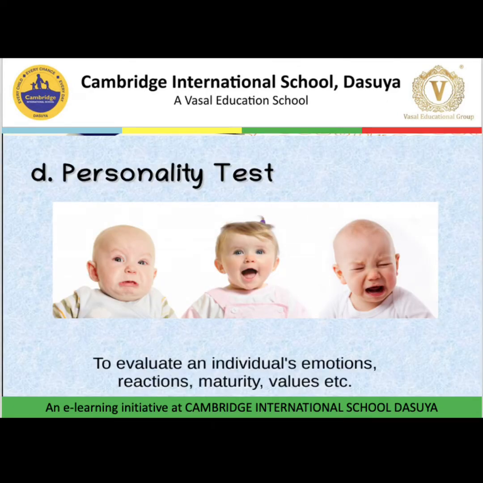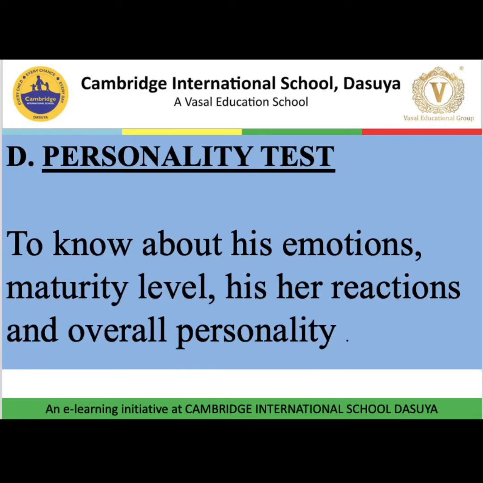Next test, which comes under selection test, that is personality test. It helps to evaluate an individual's emotions, his or her reactions, maturity level, values, etc. Students, personality test helps the business firm to know about the emotions, maturity level, or reactions of an employee, or we can say overall personality of an employee.